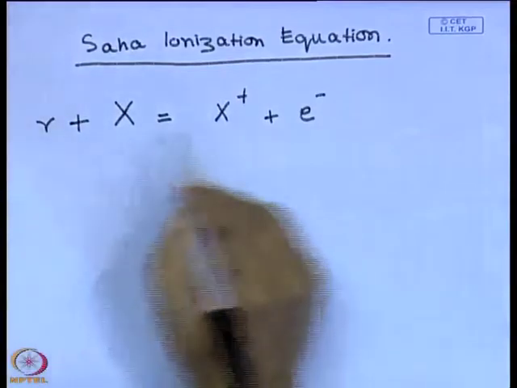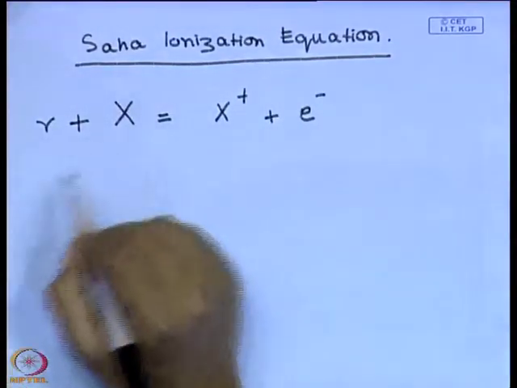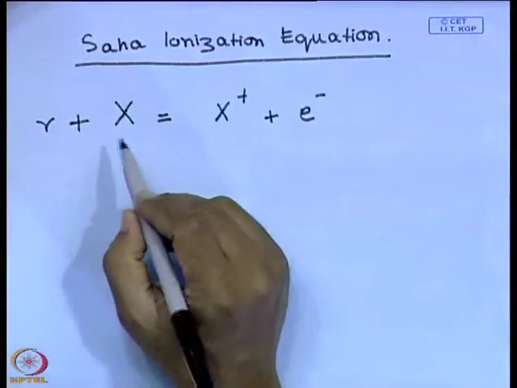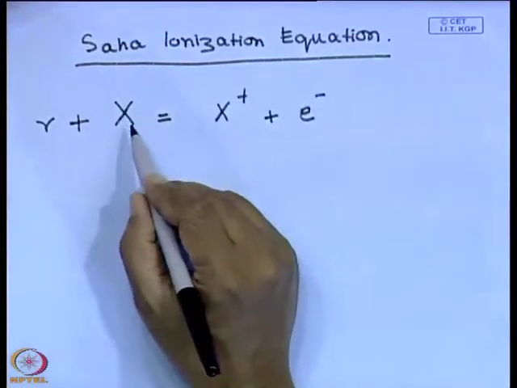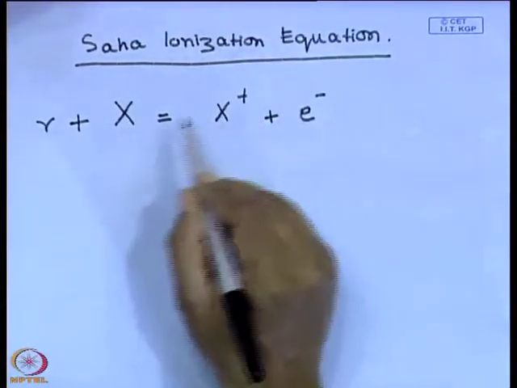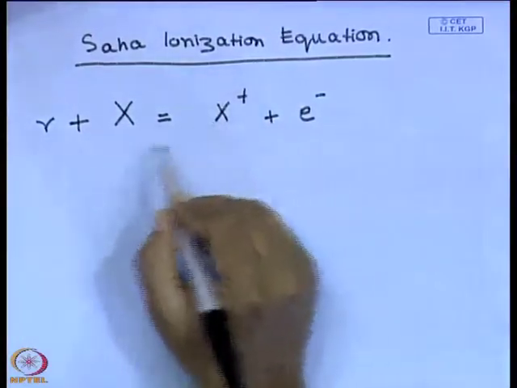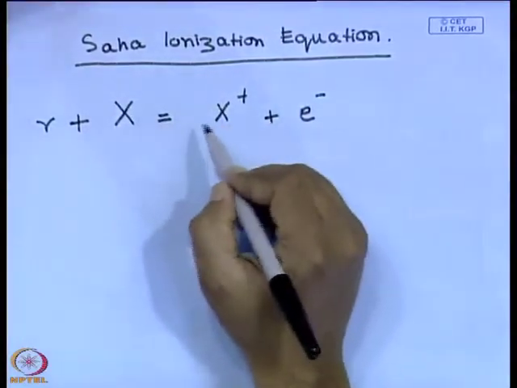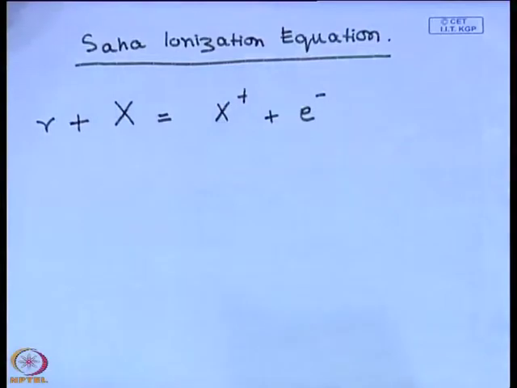The same thing could also be applied in principle to study the transition from a singly ionized state to a doubly ionized state, etc. So, it is not only for the first ionization, but for subsequent transitions to higher ionized states also.